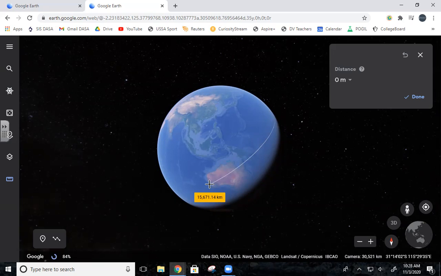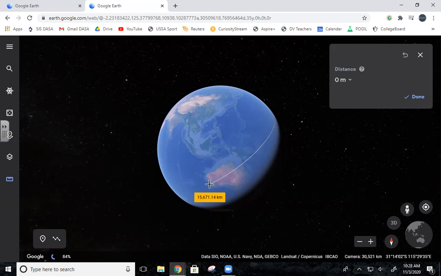Why don't we just change the prefix? You could make it into megameters, right? So 15,000 kilometers is 15 megameters. I mean, that's not bad, right?